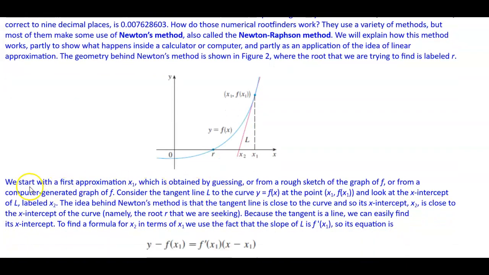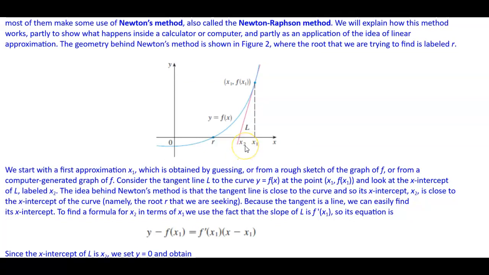We start with a first approximation x1, which is obtained by guessing, or from a rough sketch of the graph of f, or from a computer-generated graph of f. Now consider the tangent line L to the curve y = f(x) at the point (x1, f(x1)), and look at the x-intercept of L. That x-intercept is labeled x2.